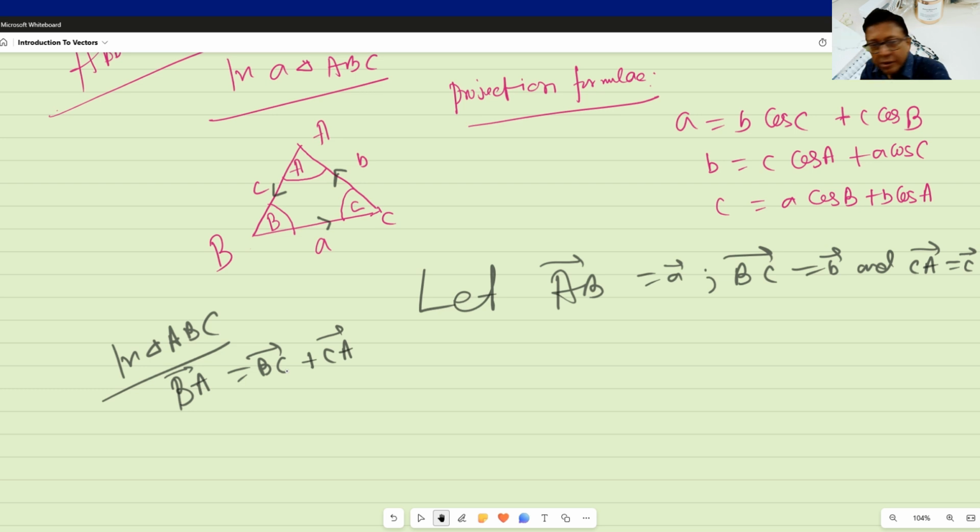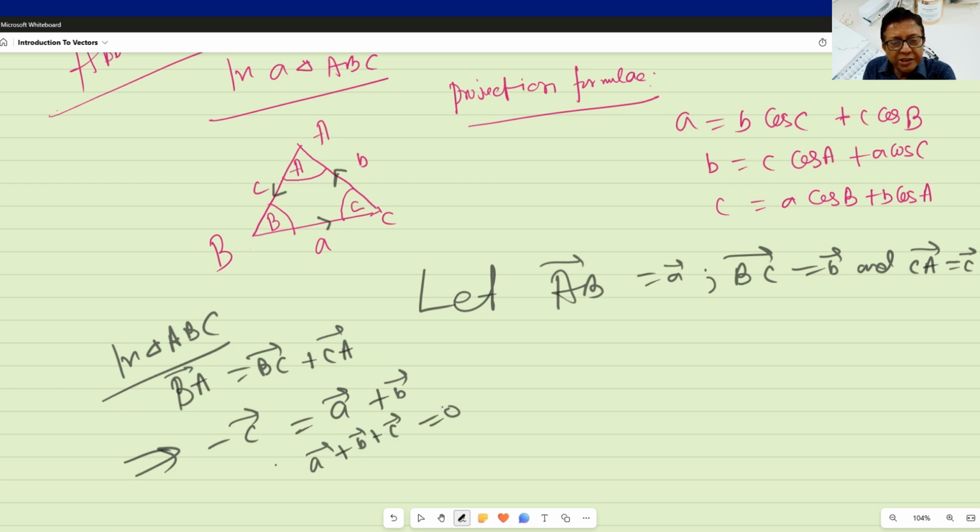But the way we have taken, this BA will be minus c, BC will be a, and this will be b. And therefore, a plus b plus c is going to be 0. Is it alright?